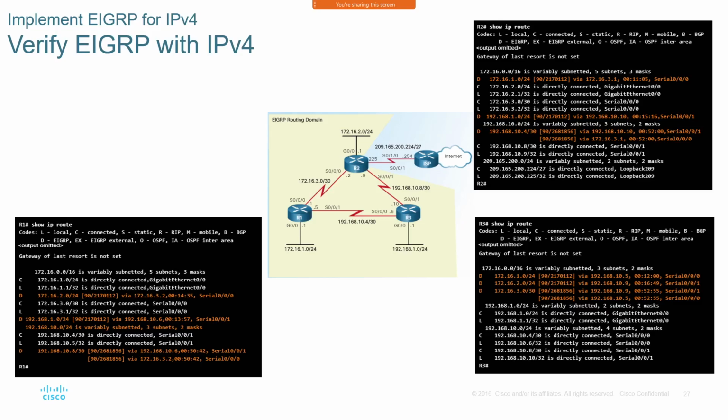C is connected networks, L is the local interface, and D is the EIGRP network. So it was learned from another router, a neighbor router. Now it's D. I know D doesn't sound too intuitive, but if you remember that EIGRP uses the DUAL algorithm, you will understand why we have D in the routing table.